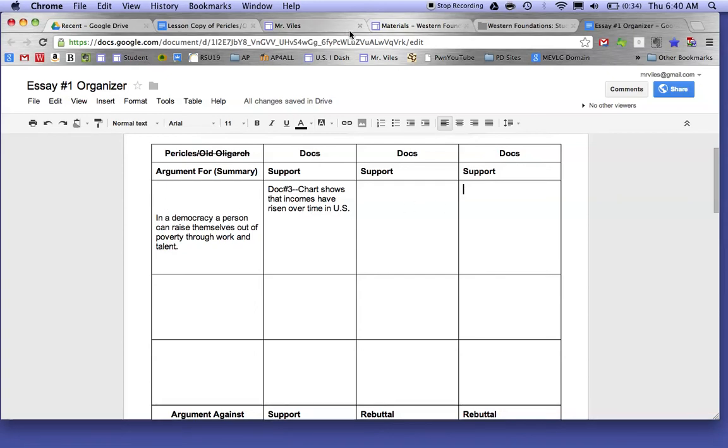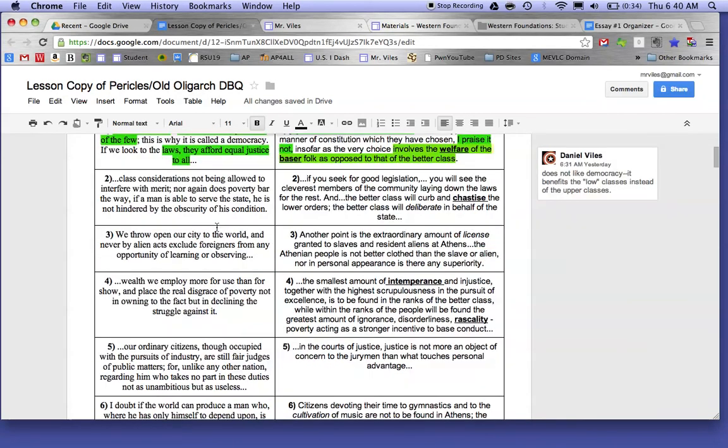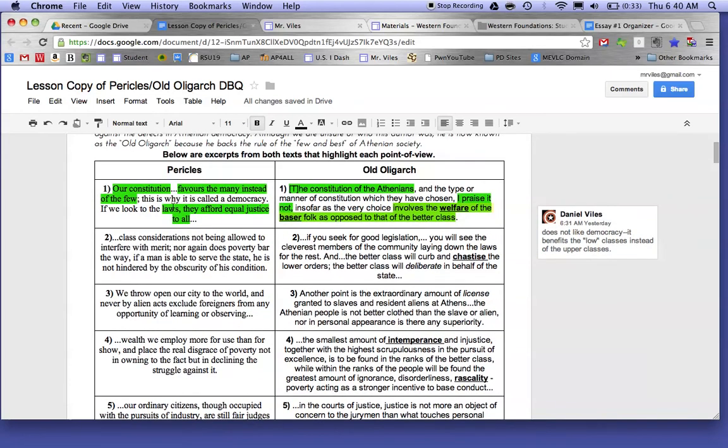After that, I'd go back, look at my Pericles again, and look for another social or political thing he talks about. Well, he says our laws, our constitution, our government favors the many instead of the few, that laws afford equal justice to all.